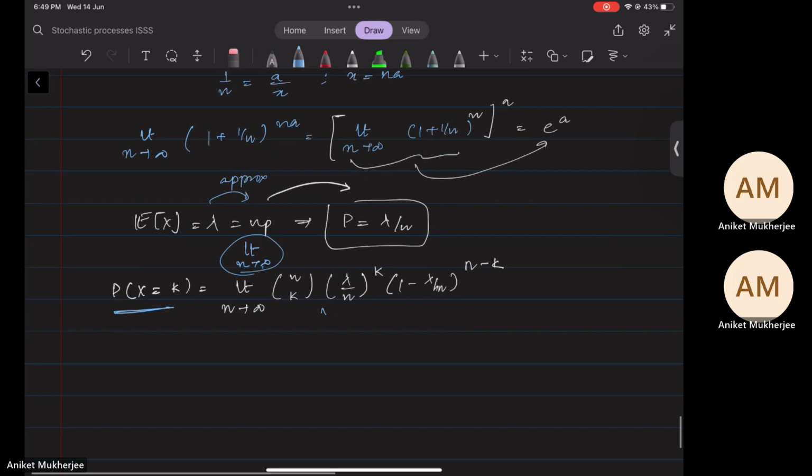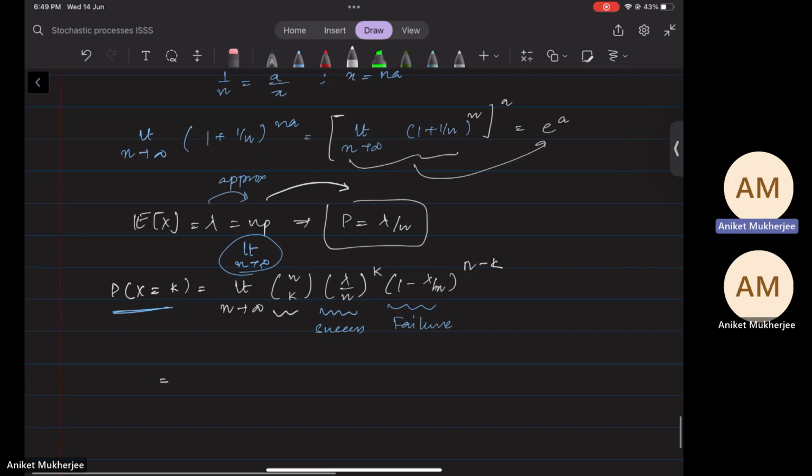This is the success probability, this is the failure probability. So n choose k, I am writing as the limit n tends to infinity of n factorial by (n minus k) factorial into k factorial, times lambda by n power k, times 1 minus lambda by n whole power n minus k.